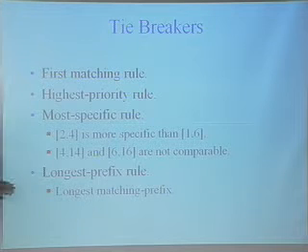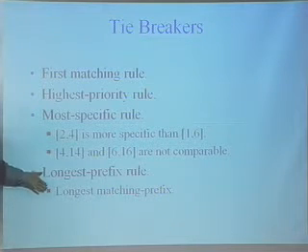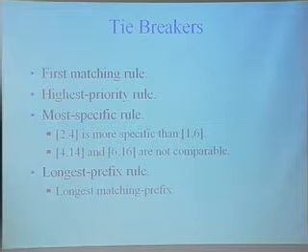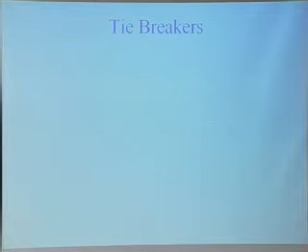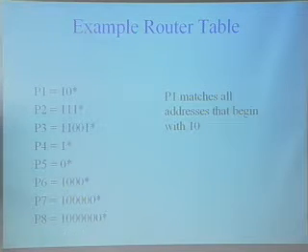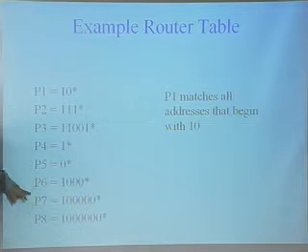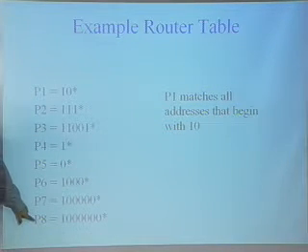All right, the one that's really used in practice for routed tables is the longest prefix rule. So if I go back to my previous example, if you have a packet that's matched by P8, P7, P6, P4, and P1, then the longest matching rule would say use P8.